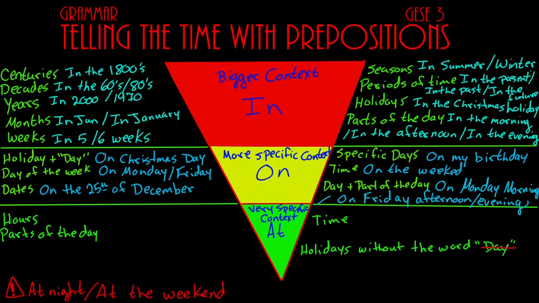Okay, great. So when we talk about the time, we say at, and we need to put a time. At 8 o'clock. At 8 o'clock. Or at 6:30. At 6:30. Okay, we talk about parts of the days.